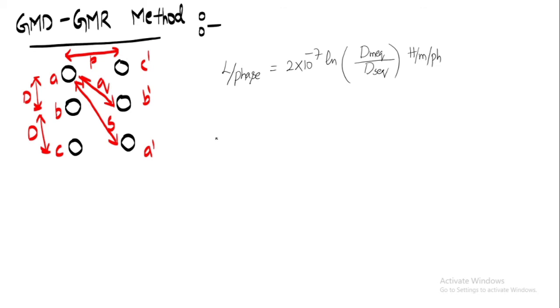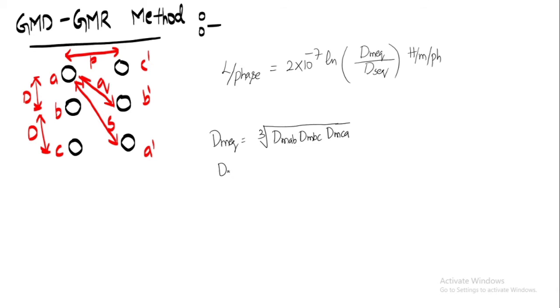Now what is Dm equivalent? Dm equivalent is nothing but equivalent GMD. So equivalent GMD is nothing but cube root of GMD between AB, GMD between BC and GMD between CA.